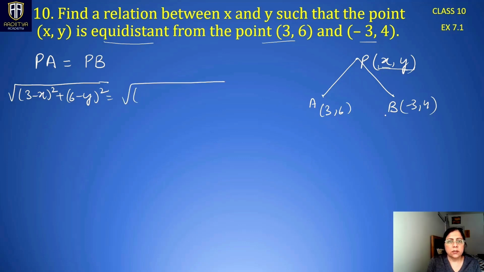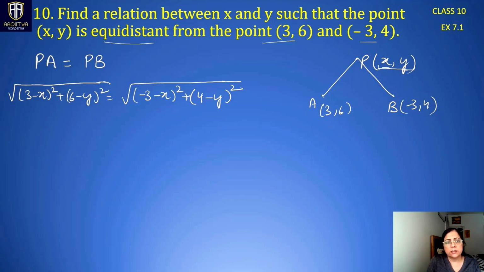This is negative 3 minus x whole square. Then we have 4 minus y whole square. So the question says point P is equidistant from A and B. That means distance PA is equal to distance PB. I have simply put the values of all the 3 points in the given equation.